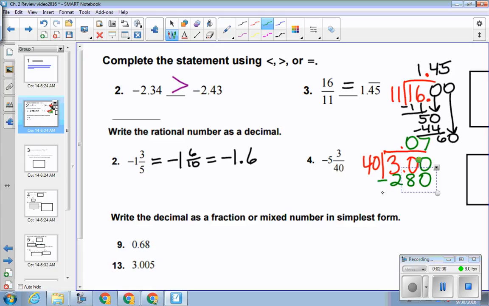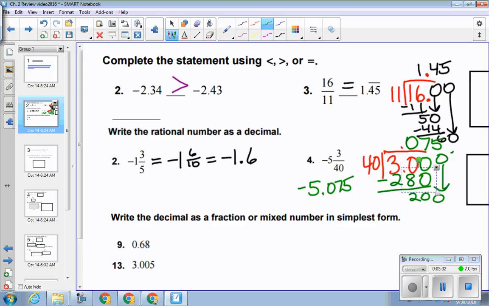So that's what we're going to subtract. And we're going to have 20 left over. So we bring down another 0. And we would have 200 divided by 40, which is 5. Now don't forget to write the complete answer, which is -0.075. How'd you do with that one?